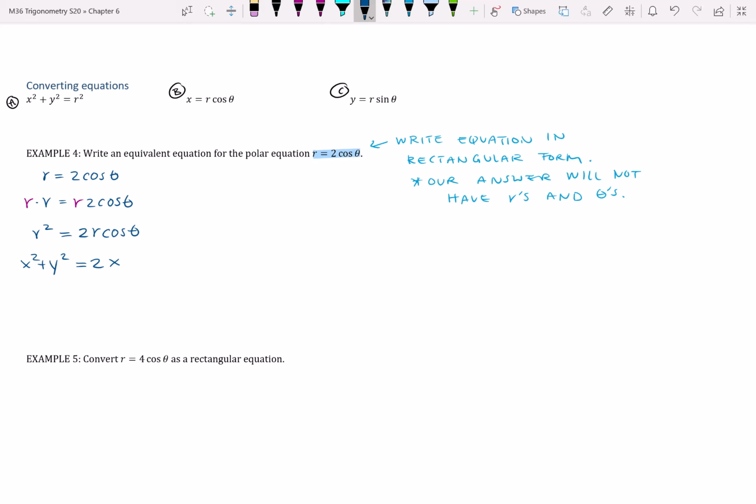We could also rewrite it by completing the square so that it has the format of a formula for a circle. But this is okay, I'm okay with this for now. Looking back at the gallery, r equals 2 cosine of theta is actually a circle, so it makes sense for us to have a formula for a circle for our equivalent equation.